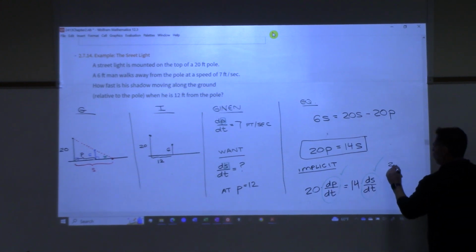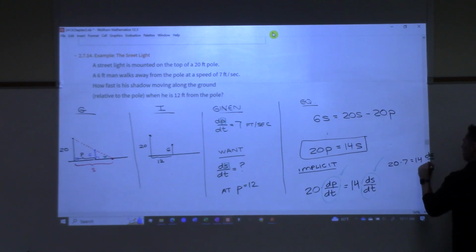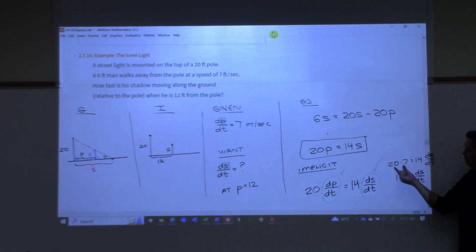Replace that with 7. 20 times 7 equals 14 ds dt, right? And then divide by 14, I think we get 10, right? We should get 10 for ds dt. Pretty sure. Because you multiply these two together, what do you get? 140.